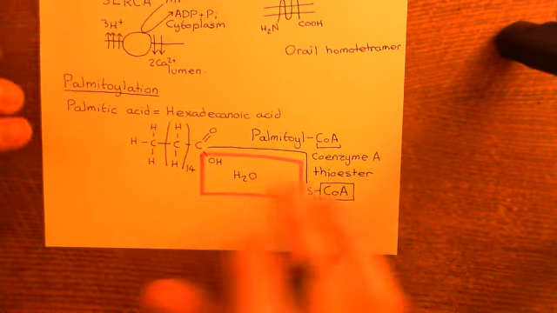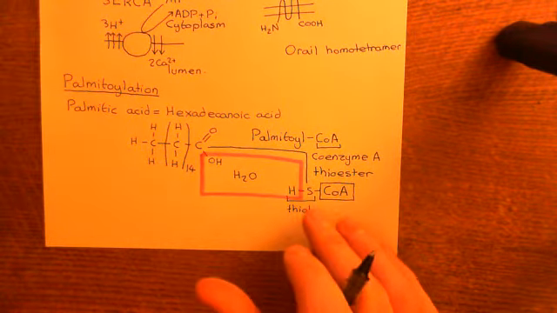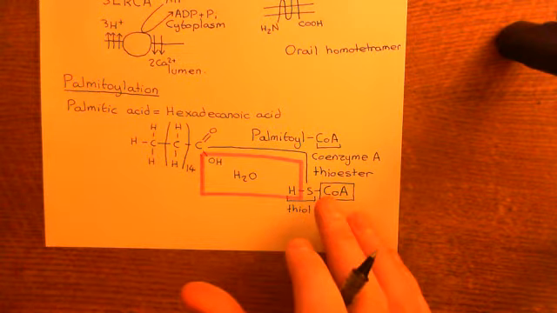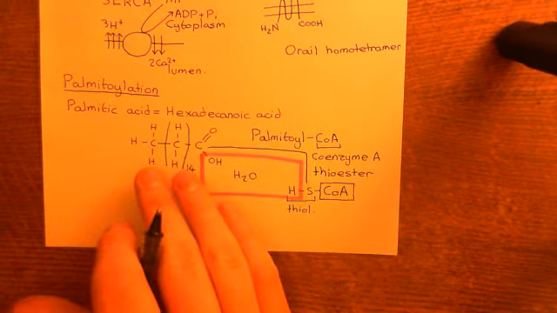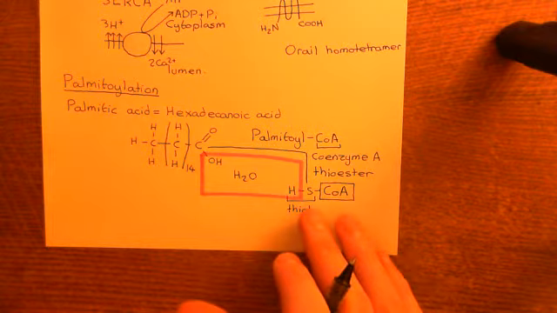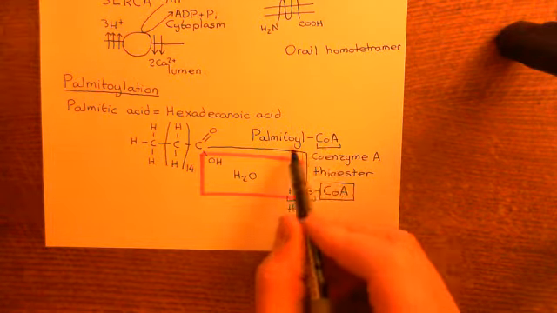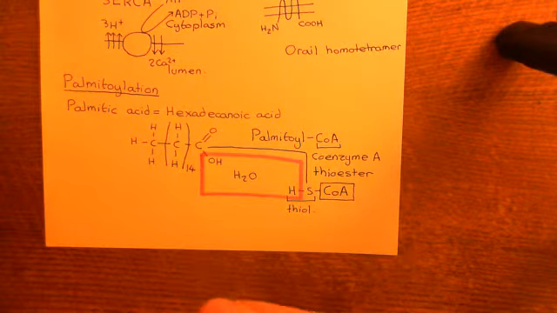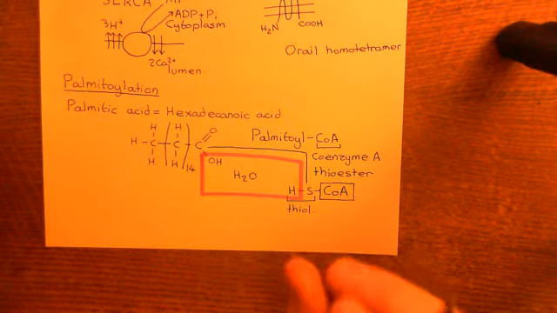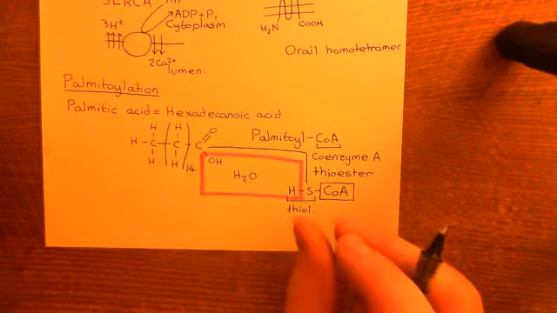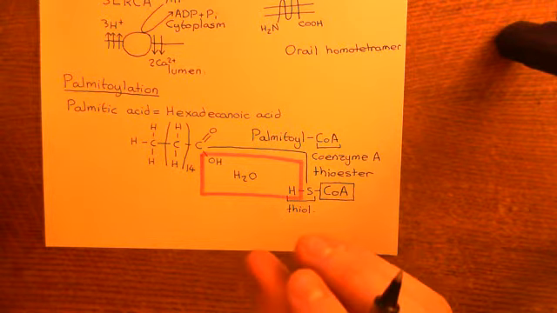So you can link carboxylic acid groups onto thiol groups, and that's what we're going to do. We're going to link the palmitic acid molecule with the thiol group of the coenzyme A molecule to create this molecule that's called palmitoyl coenzyme A. And it is this palmitoyl coenzyme A that we are going to use to add on to proteins.